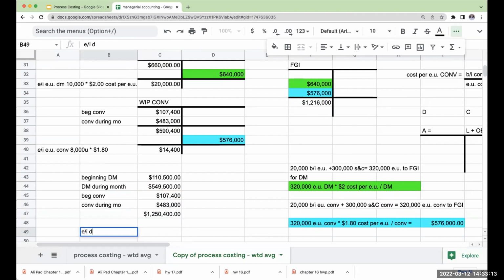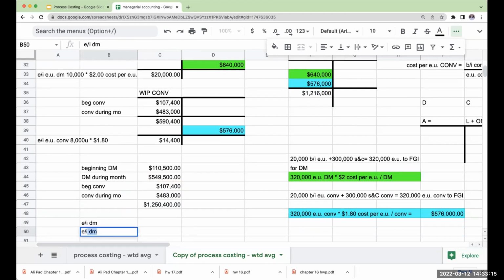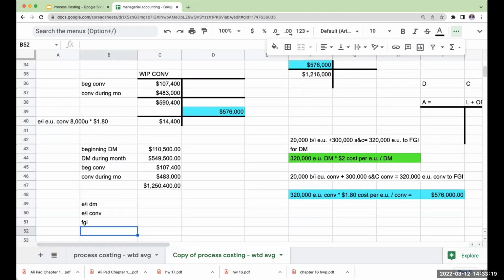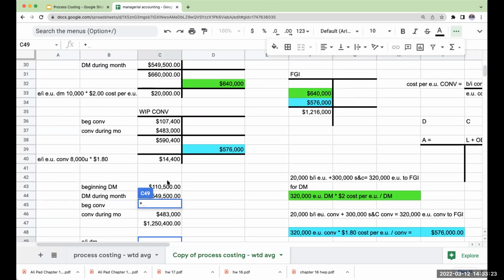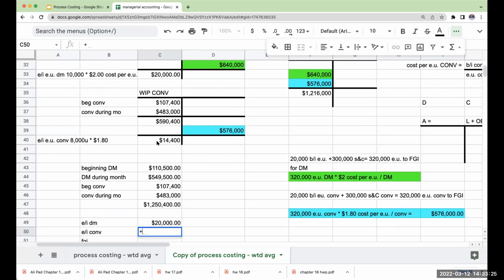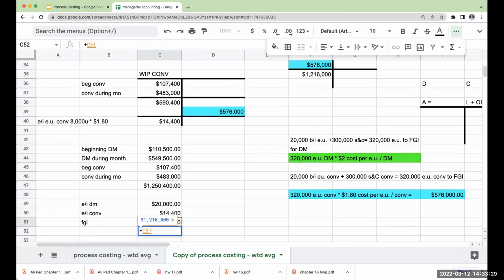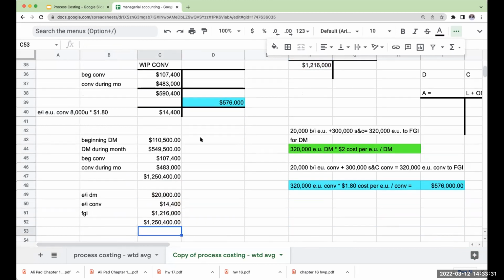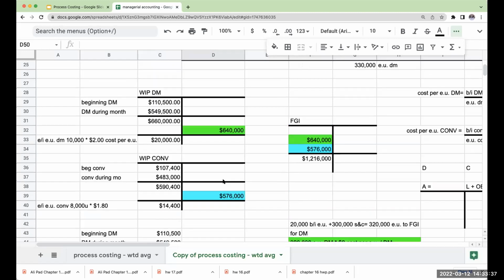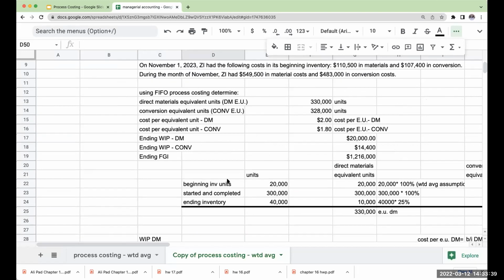My ending inventory for direct materials, my ending inventory for conversion, and then my finished goods inventory. This 1,250,400 should equal 20,000 plus 14,400 plus 1,216,000. So when I add these up, this equals the same exact amount. You don't have to do this. This can actually just be a good way to check your work.